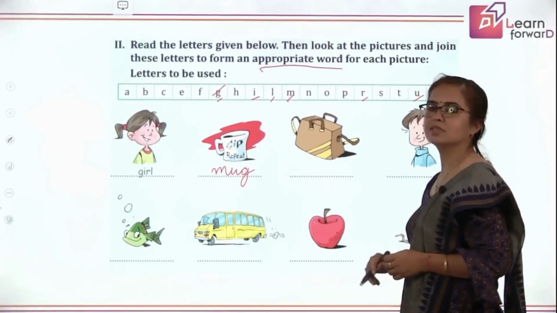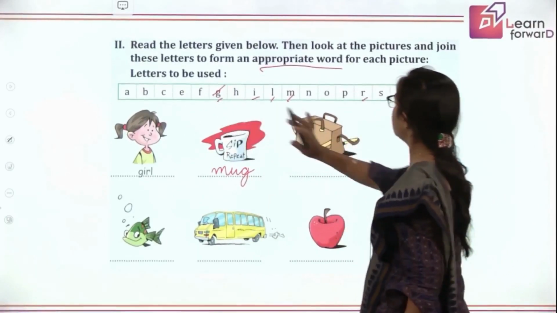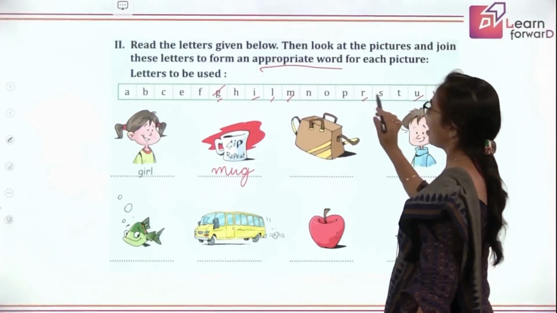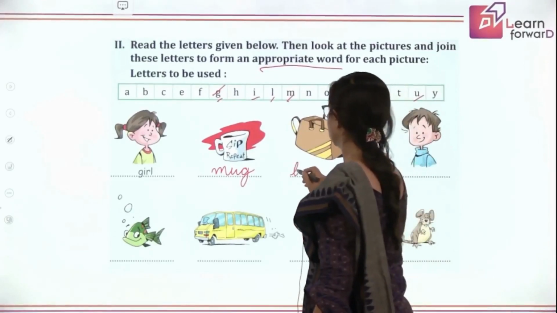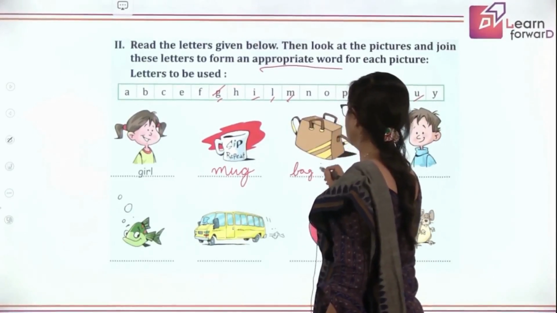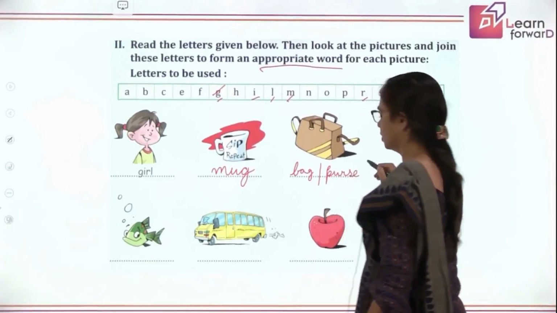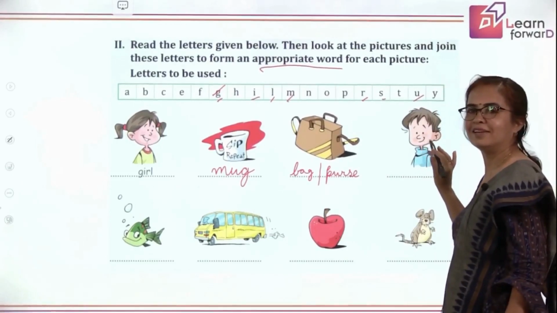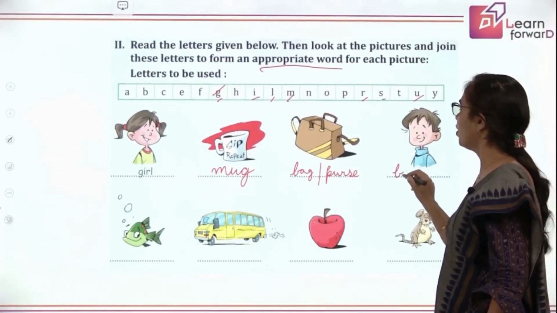What is this? Yes, that's a bag, B-A-G. You can also say that is a purse, P-U-R-S-E. So you can use both. You can say it's a bag or you can say it's a purse. What is this? Yes, this is a boy.